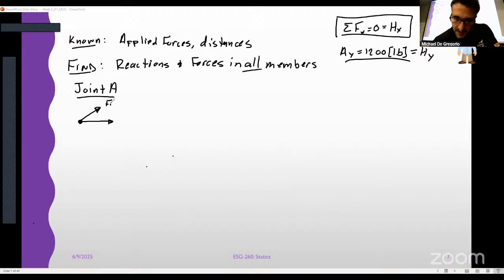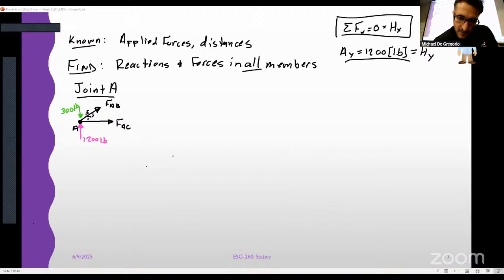I'm going to call this FAB and this one FAC. This is joint A. And I know that I have a reaction here, AY, which is 1,200 pounds, and a force pushing down at A with 300 pounds. I also know that that's a 3, 4, 5 triangle up here.